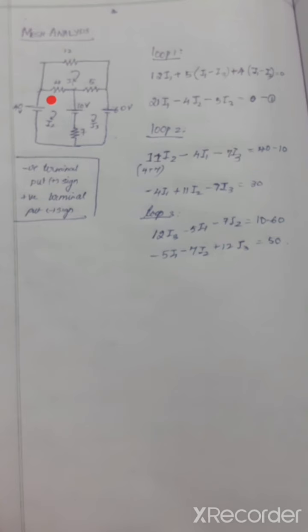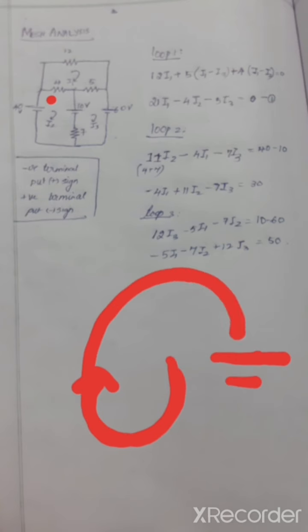You are traveling in a clockwise direction, and here is your value of 10. While traveling in clockwise direction, you first meet the positive terminal of the battery. When you meet the positive terminal, you have to put a negative sign, correct? So it is minus 10. So 40 minus 10 is nothing but 30. So this is how the equation has come out.